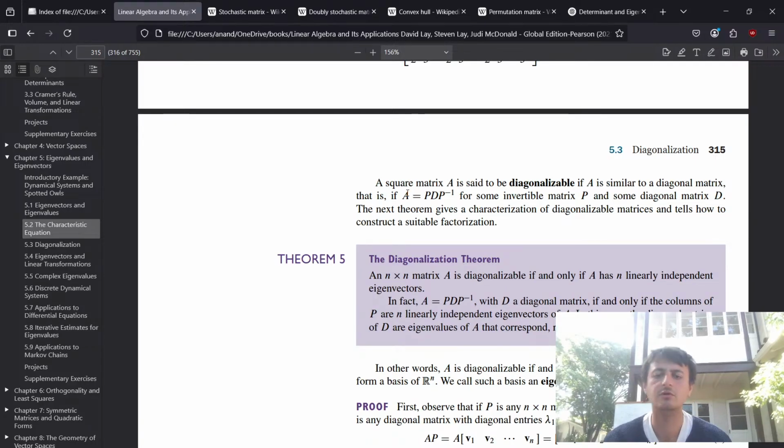Oh, that's so cool. Is that for real, man? That's so cool. In fact, A equals P D P inverse with a diagonal matrix D if and only if the columns of P are linearly independent eigenvectors of A. Wait, really?